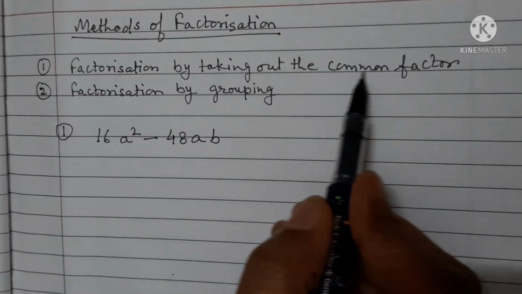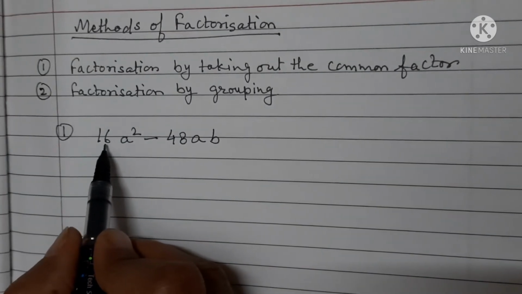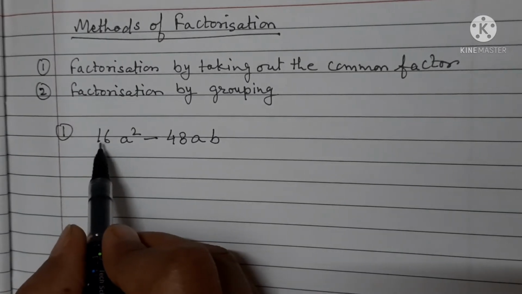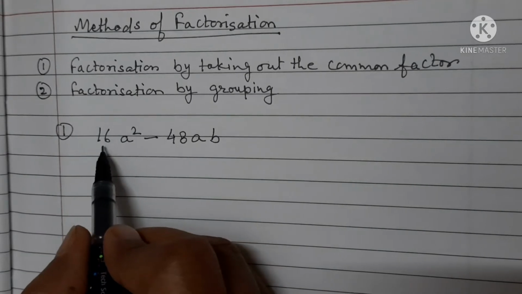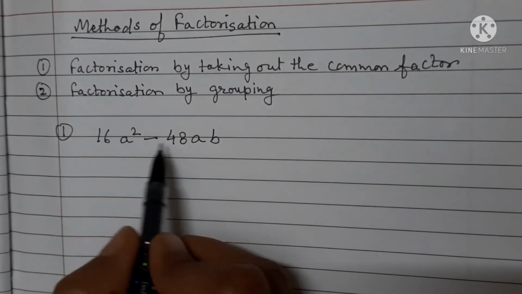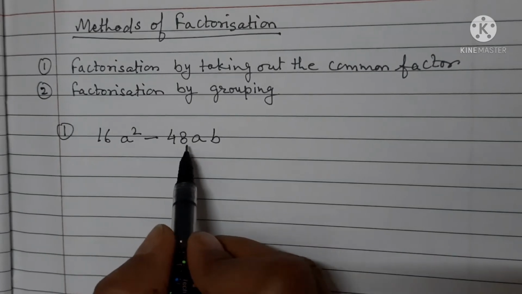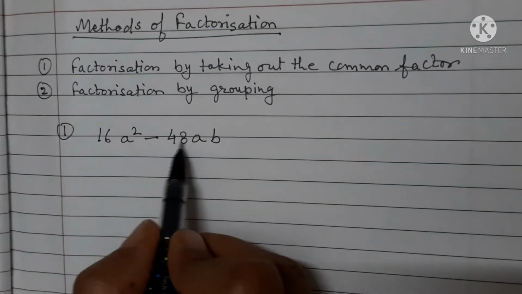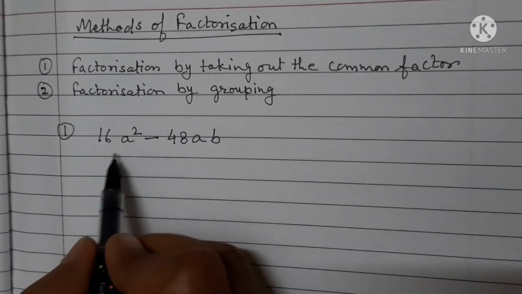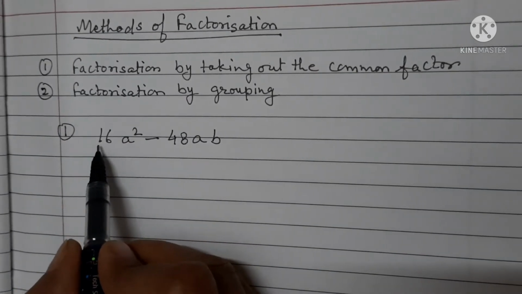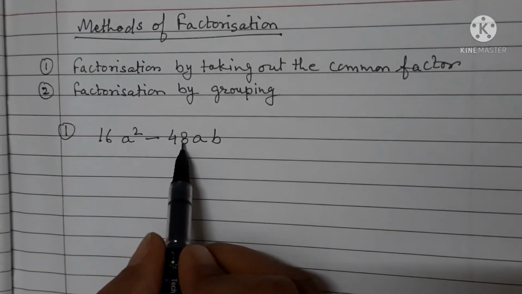So here by taking out the common factor, this 16 you can break into 4, or you can directly see that this is 16, this is 48. So you can break these numbers into prime factors, then take out the common factors, or otherwise you can use directly that this is 16 and this is a multiple of 16, 16 threes are 48.